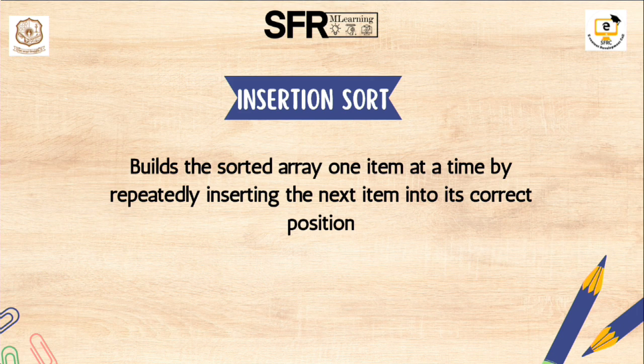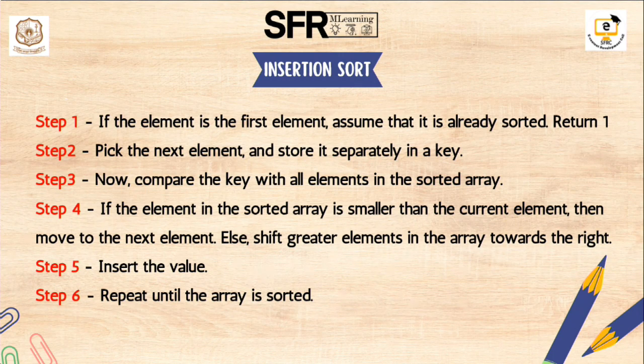Now, let's see the working of the insertion sort algorithm. Step 1. If the element is the first element, assume that it is already sorted. Step 2. Pick the next element and store it separately in a key.